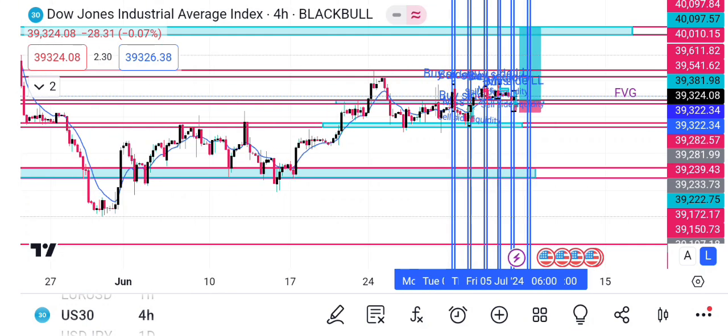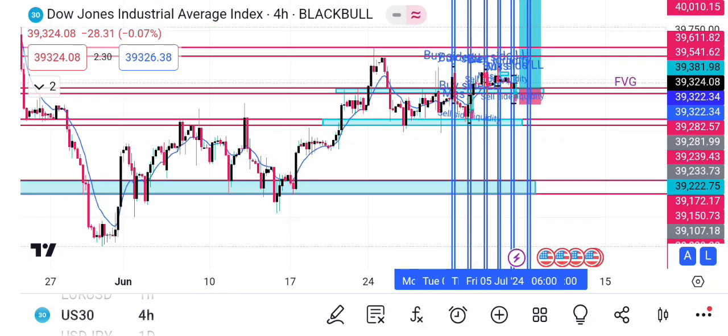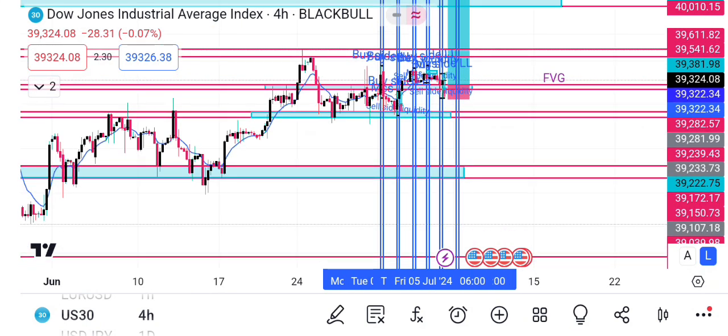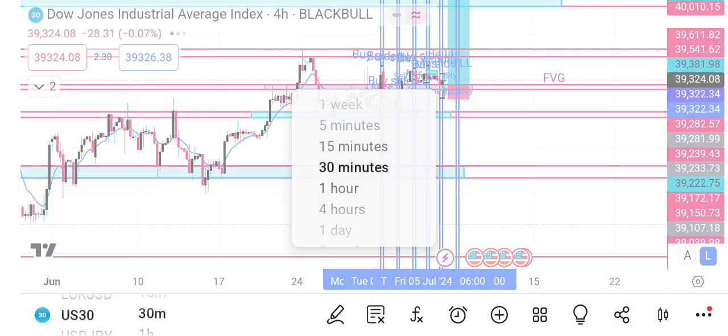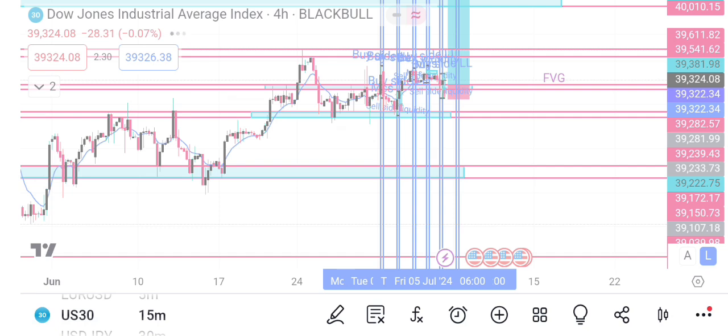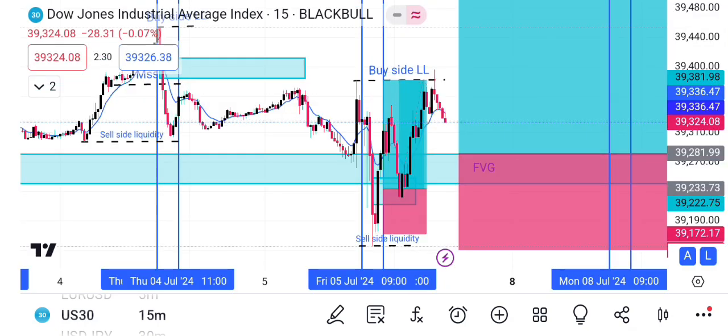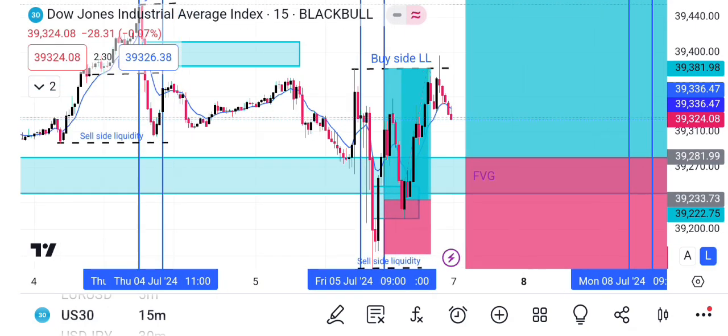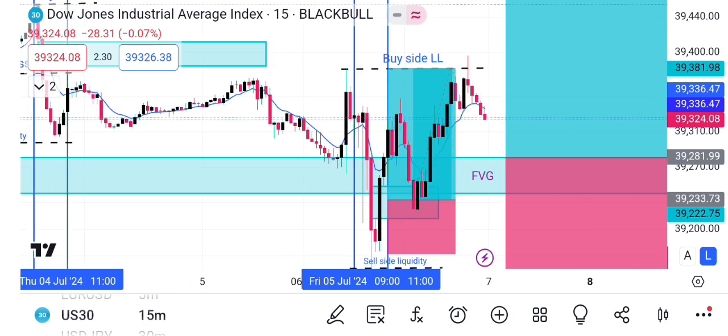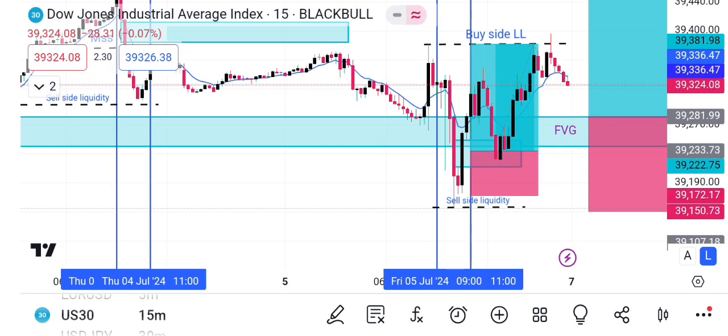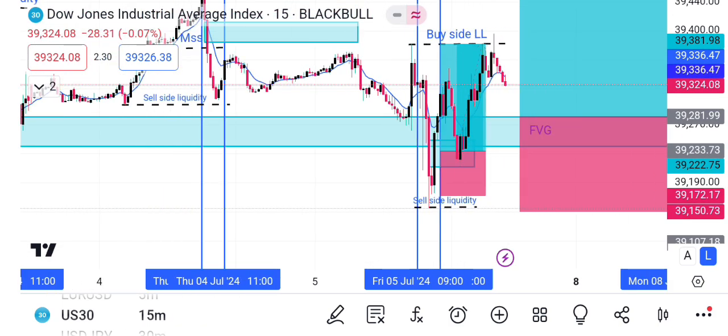Sorry guys, as I was saying, with US 30, as you can see how much I did on my Qatar, I was practicing a strategy called the Silver Bullet from the ICT, and I must say guys, the strategy is a killer. The ICT Silver Bullet strategy, it's a killer. I've been practicing it.